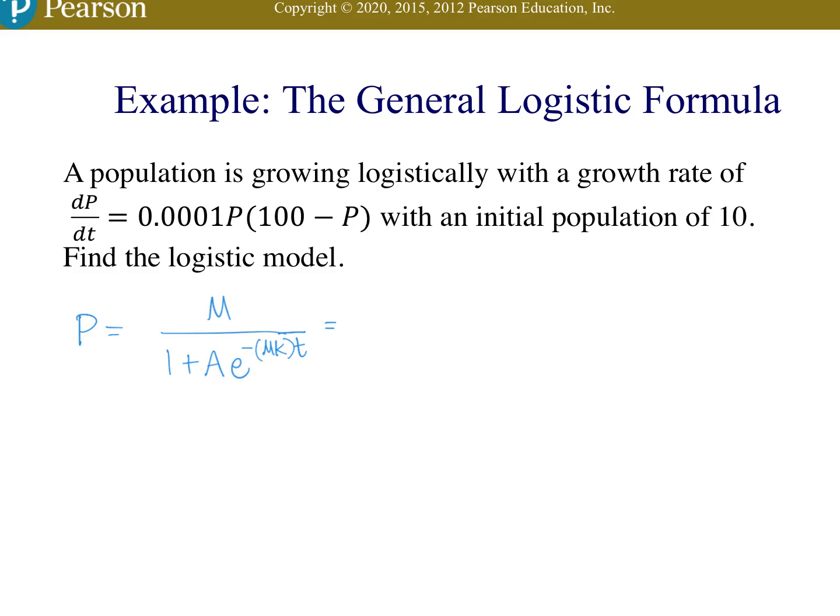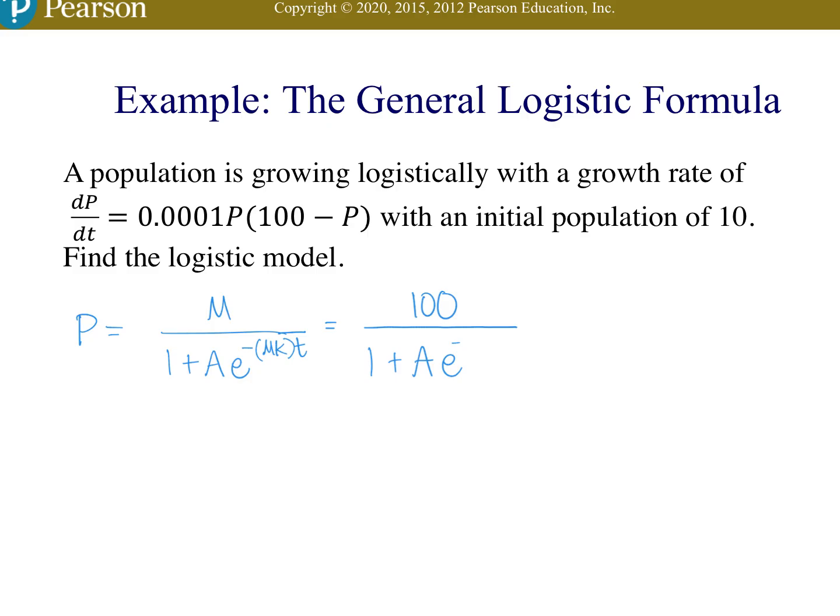So this one's set up pretty nicely for us. What is the carrying capacity? 100. So that would go up here. And then 1 plus A, e to the negative, and then I want M and K combined.